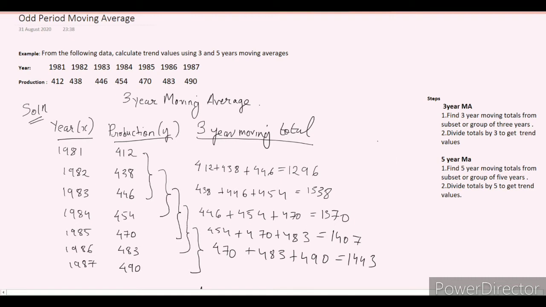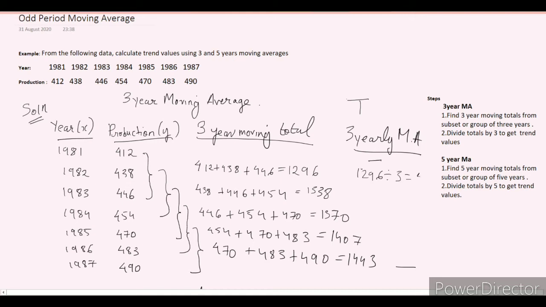And the last step is simply finding the trend values, which are also the 3-yearly moving average. Remember, when calculating the 3-year moving average, the first year and the last year will not have trend values. So you divide 1296 by 3.